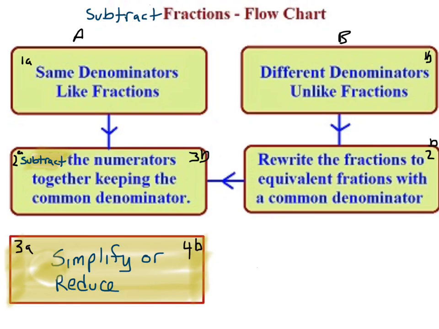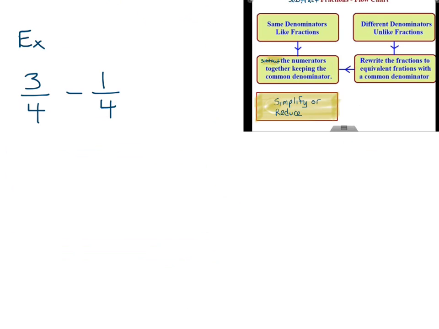Alright, so let's look at some examples. Example 1. We're going to be using this path because we have same denominators. Well, what this does is 3 minus 1, which is 2/4.